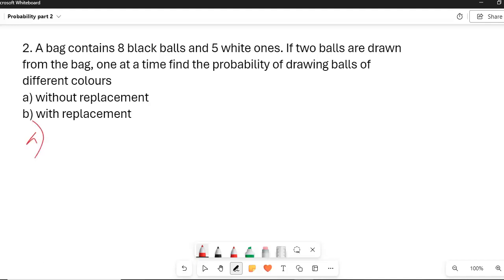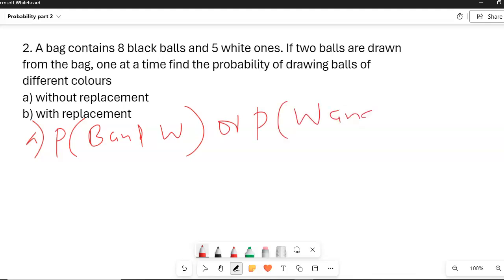What do we mean by without replacement? When you draw the ball, we don't return it to the bag. So we want to have the probability of having either a black and white, or we have the probability of having a white and a black.